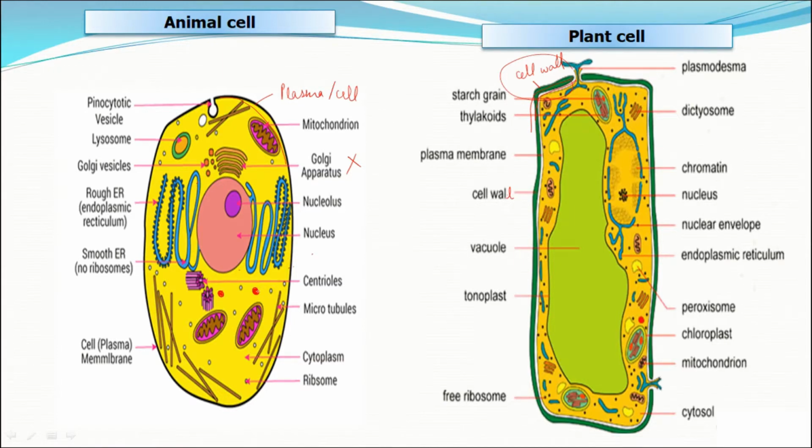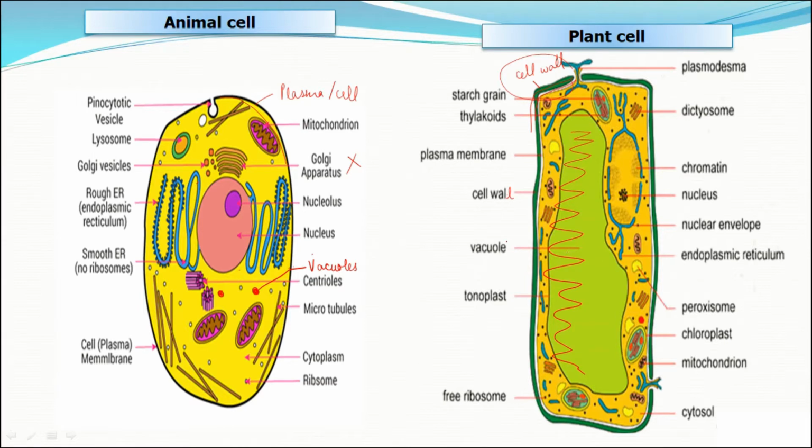If you look at this picture, you will see vacuoles are small in size. But if you look at the picture of plant cell, you will see a large central vacuole is present. Why? Plant cells have a large central vacuole whereas animal cells have small vacuoles, and these are temporary structures in animal cell, while in plant cell vacuoles are permanent.